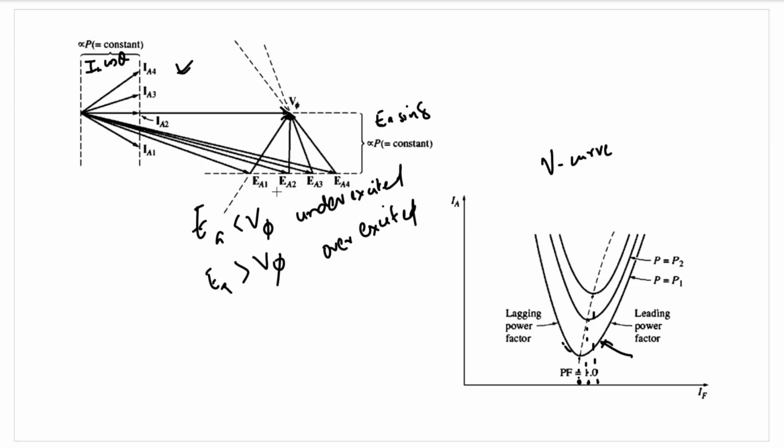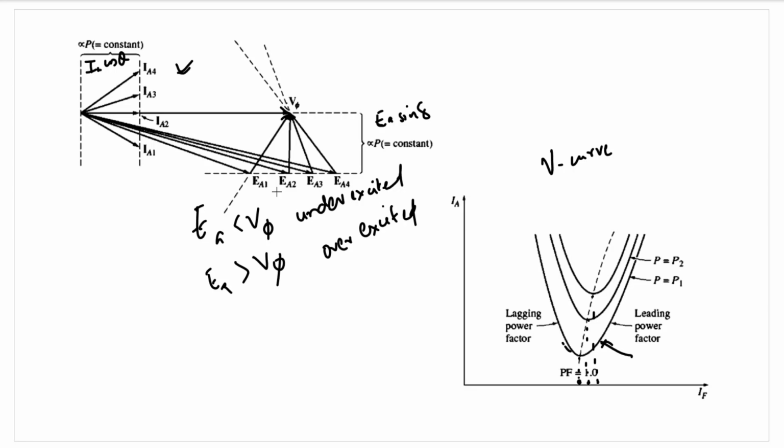What other information can we get from this V curve? It is about the reactive power of the system. For field currents greater than some particular value, the armature current will be leading, and for field currents less than that value, the armature current will be lagging.